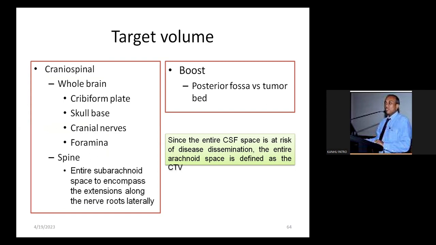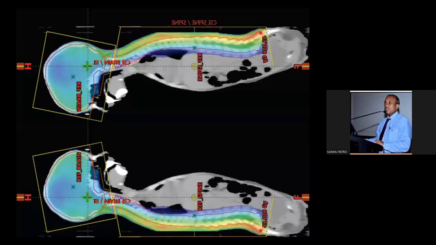Boost: posterior fossa boost or tumor boost according to your comfort. The entire CSF space has to be treated to prevent arachnoid dissemination. Whether you do supine CSI or prone CSI, the contouring policy is the same.